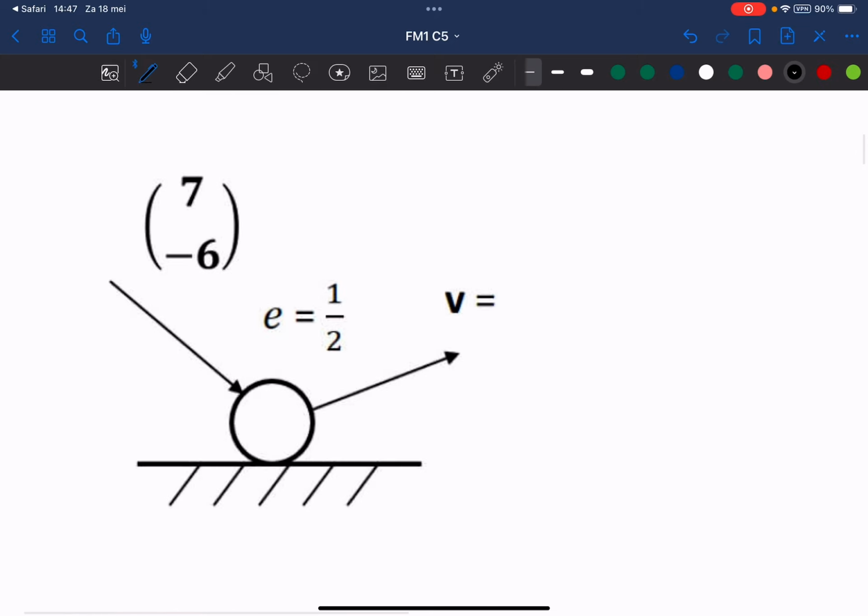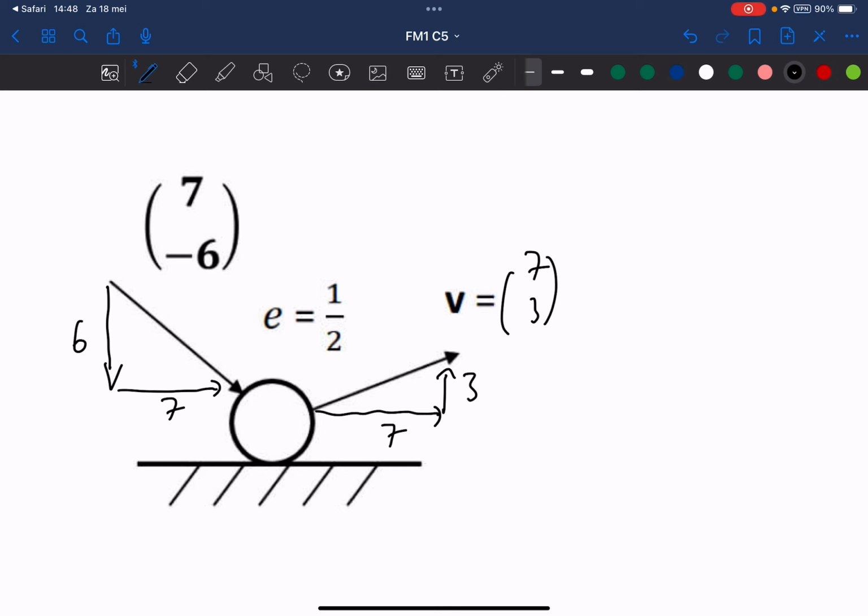What about if E is a half? Well, if E is a half, it's the same idea. I'm going 6 down, and I'm going 7 across this time. Doesn't matter, if E is a half, then I'll just do a half of 6, don't I? This stays the same, I've just told you. So we'd have E times 6, which would be half of 6, or 3. So we'd have the vector 7, 3. 7 in the i, and then 3 up in the j. Straightforward enough.